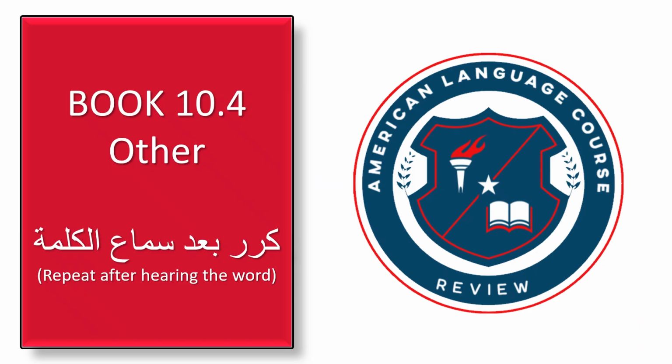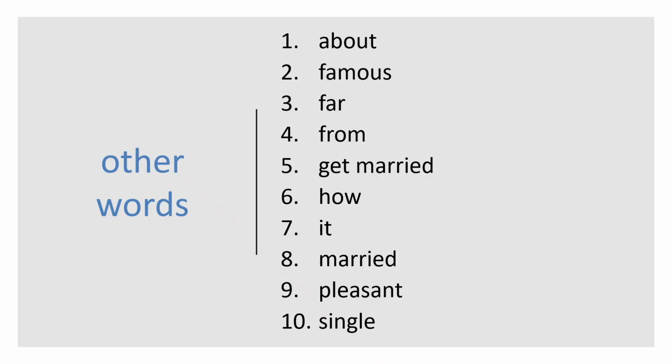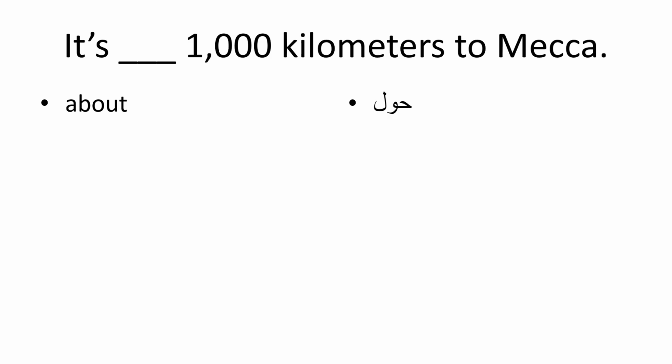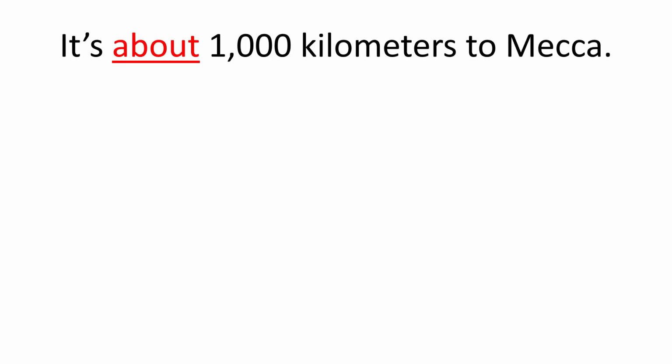Book 10, Lesson 4, Other words. Repeat after hearing the word. Number 1, about, famous, far, from, get married, how, it, married, pleasant, single. Complete the sentences using the correct word. It's about 1,000 kilometers to Mecca.